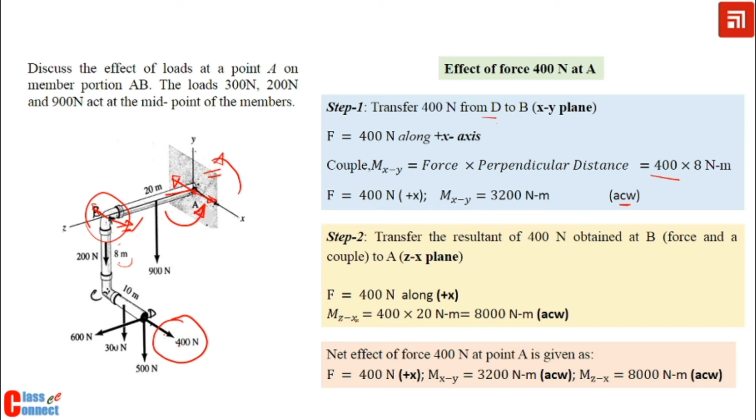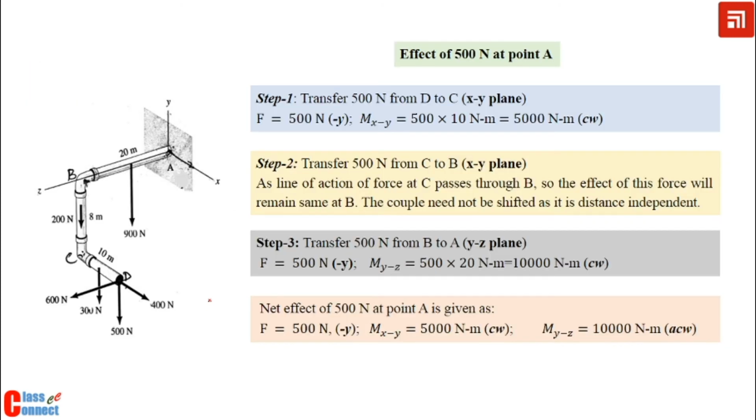So we now have the final net force of 400 Newton along the x-axis, then 400 into 8 Newton meter, that is 3200 Newton meter anticlockwise as shown, and another is 400 Newton into 20 meter, that is 8000 Newton meter anticlockwise. So this is how we can find the effect of the 400 Newton force.